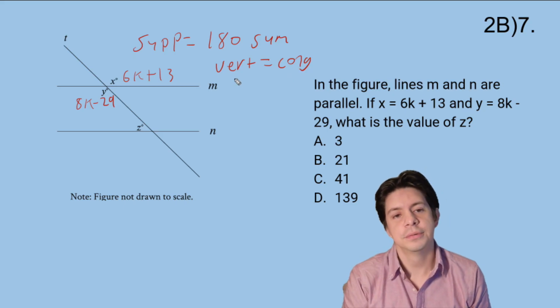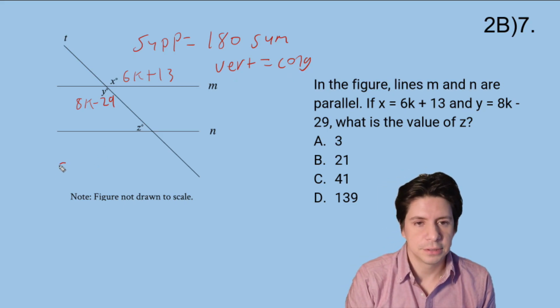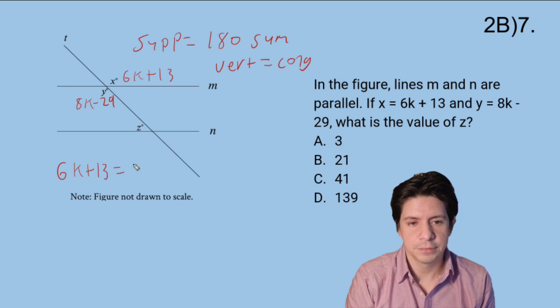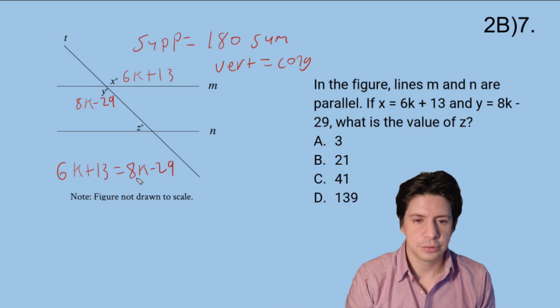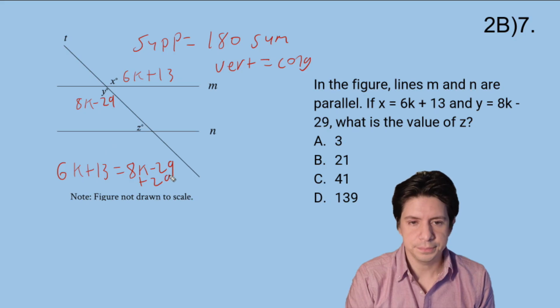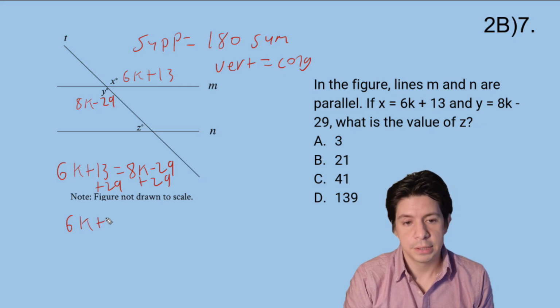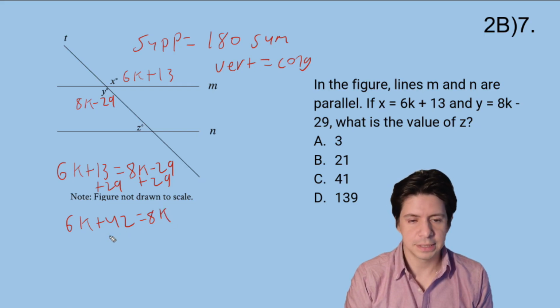So what we'll do is we'll set them equal to each other. 6k plus 13 equals 8k minus 29. We'll add 29. Add 29. So I have 6k plus 42 equals 8k. Subtract 6k, we're going to get 42 equals 2k.